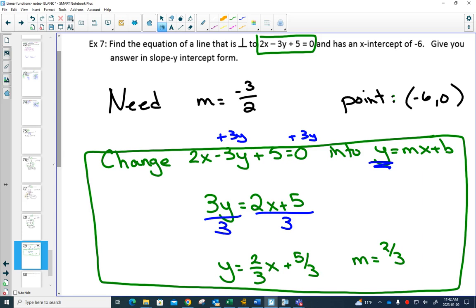That's not a y-intercept, so that's not b. Just be careful. Why is that not b? What does b stand for? Y-intercept. This was the x-intercept. See yourself getting tempted to use it as the b value, but that would not work.